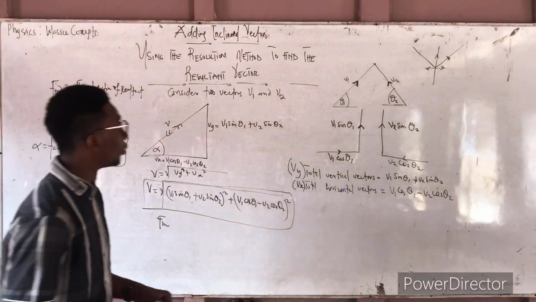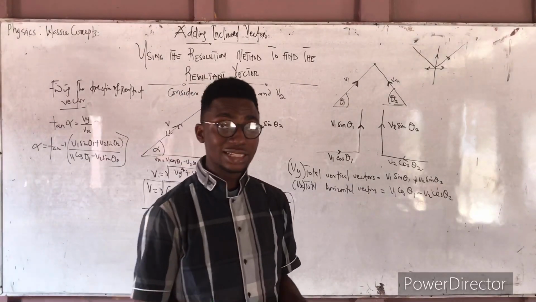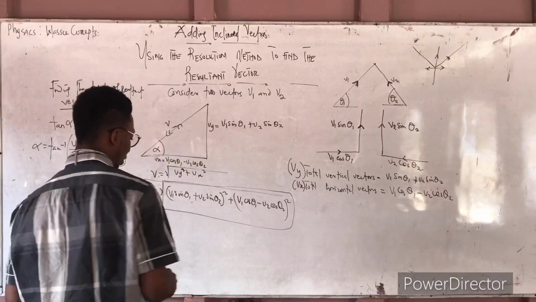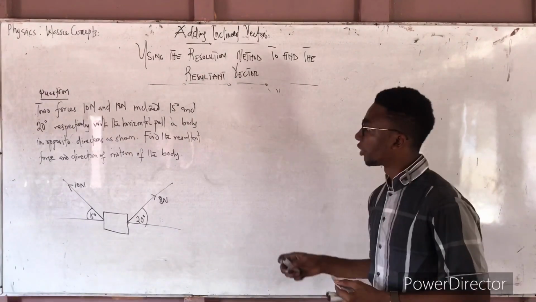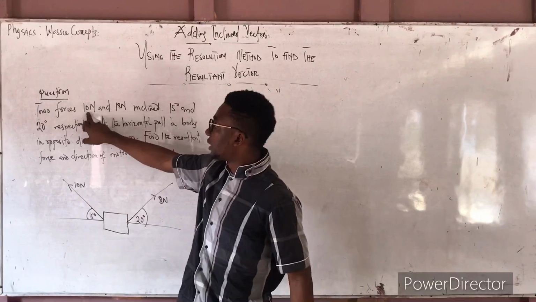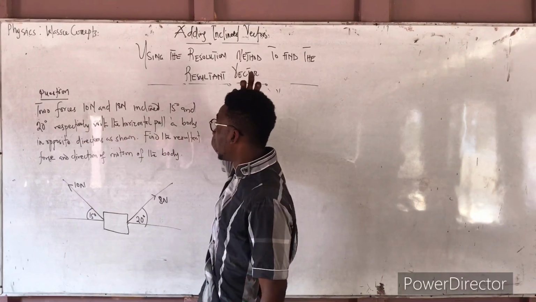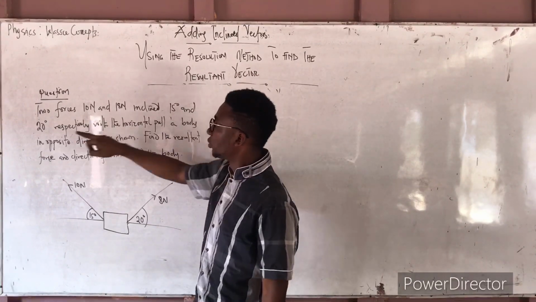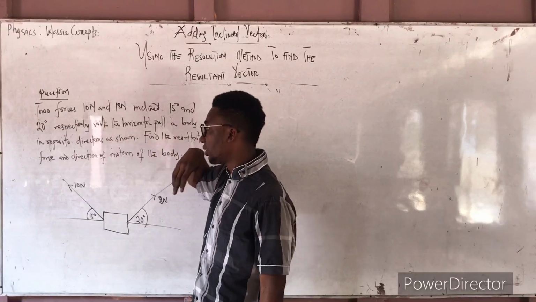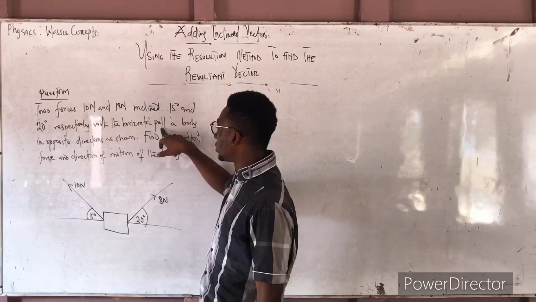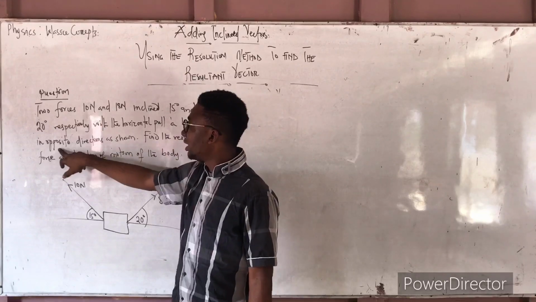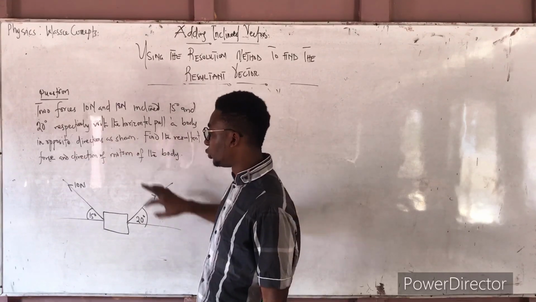Let's take two examples and use the resolution idea to find it. So this is the question: two forces, 10 newtons and 18 newtons, inclined 15 degrees and 20 degrees respectively with the horizontal, pull a body in opposite directions as shown.